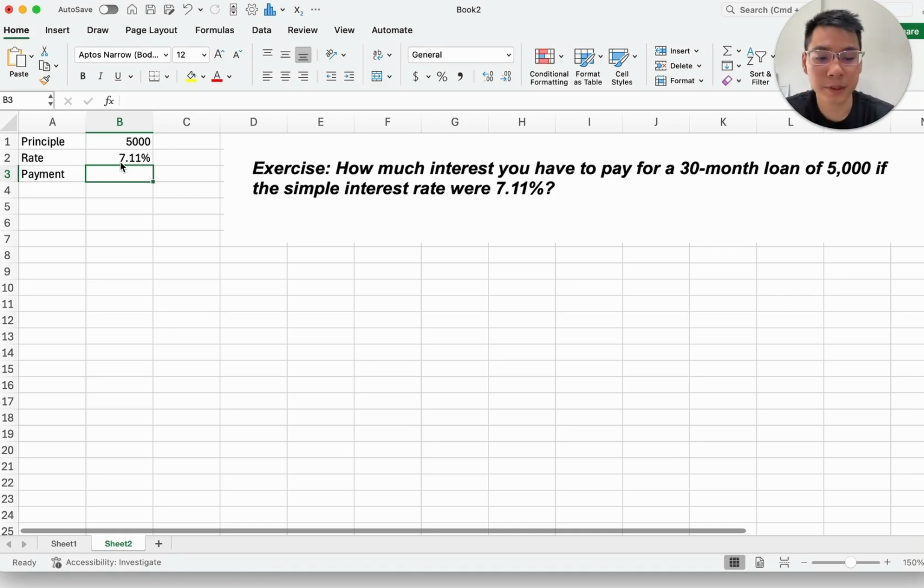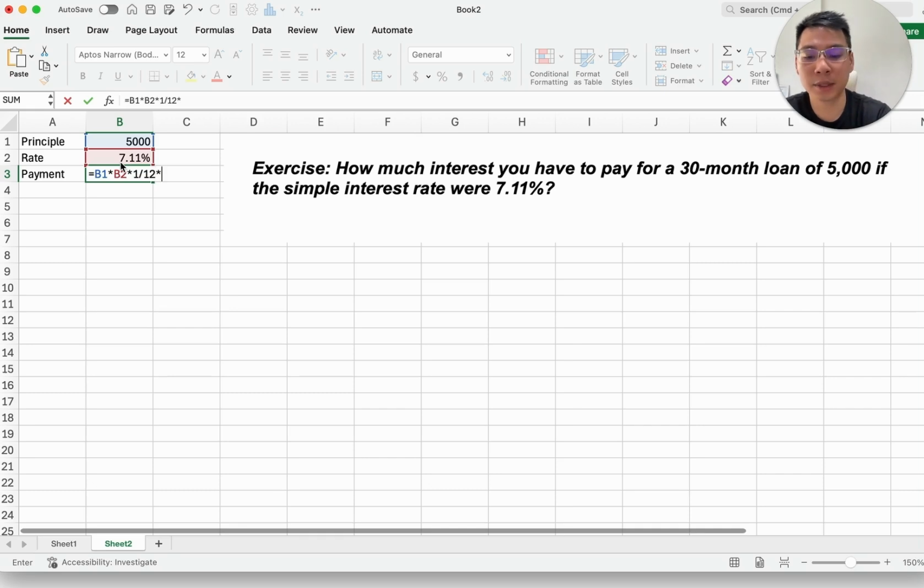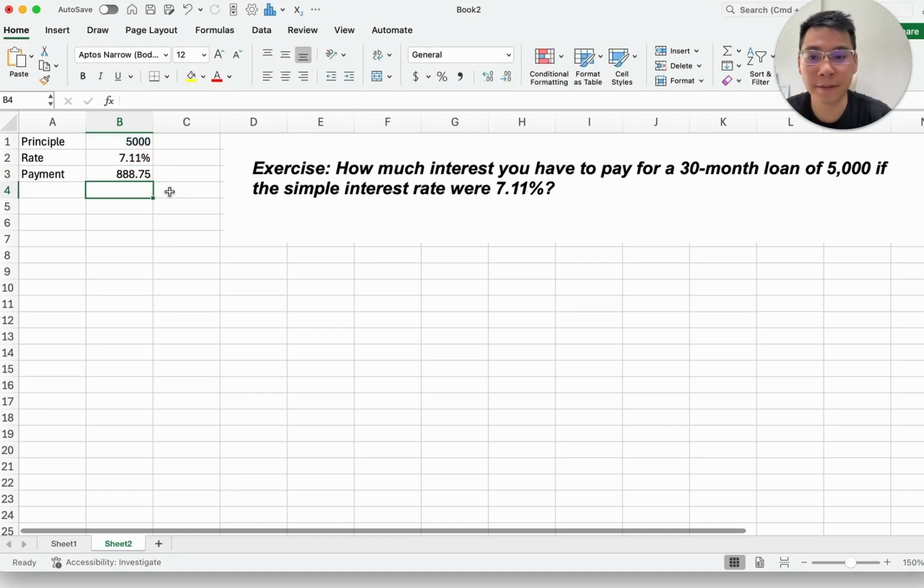The payment is going to be 5,000 times 7% over 12 periods, and then you times 30, because we're doing 30 periods. That 7% is over 12 months, so we have to find one period and then times the 30 periods afterward. That gave us 888.75.